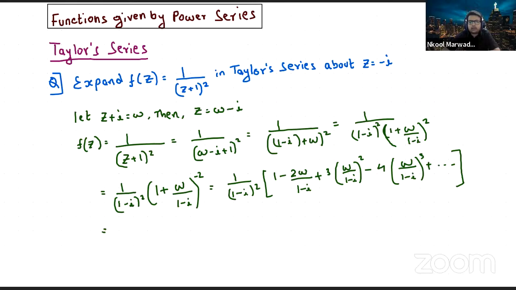Okay, here we have 1 minus i whole square. So it is a minus b whole square. Here we can apply that formula, a square plus b square minus 2ab. It will become 1 upon a square plus b square minus 2.